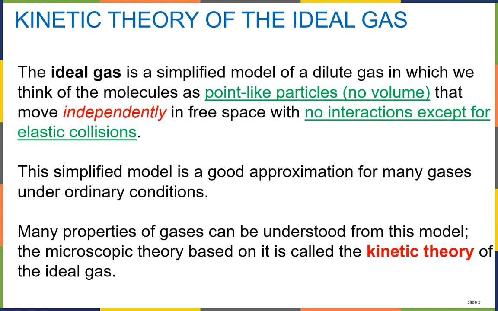So it has one parameter that's the sticky parameter that tells you how much energy you're going to lose in collisions, and one parameter that's the volume parameter that corrects for molecules not having zero volume. And so in a situation like that, if you use the van der Waals equation of state, you'll get a more accurate calculation.